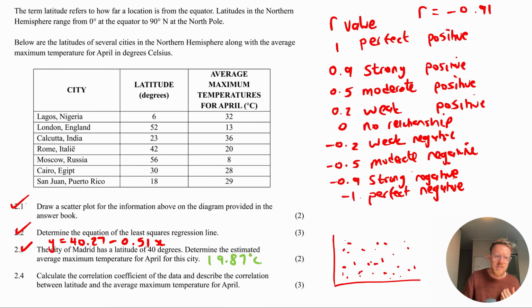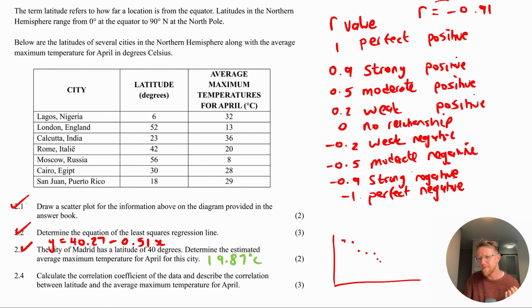So they ask us to calculate the correlation coefficient, which we did over here, and then they said describe the correlation. We can definitely see that it's really strong. Like 0.9 is really good. We did draw our scatter plot earlier, but this guy over here erased it. But negative 0.9 is really good.